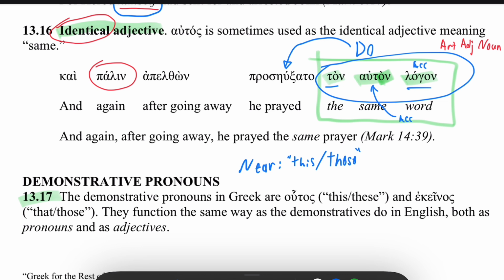And that doesn't necessarily mean geographically near, but in general there's going to be a spatial sense to, am I talking about this coat or that coat? So near and far, that or those.